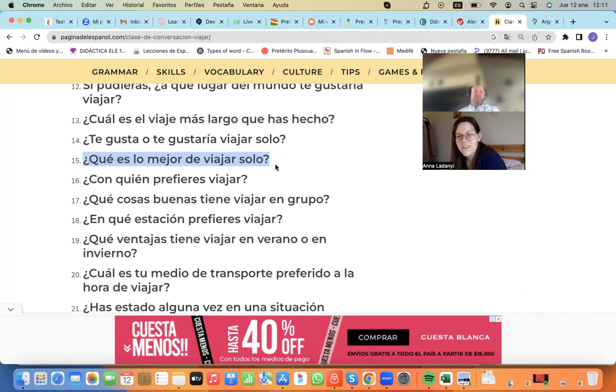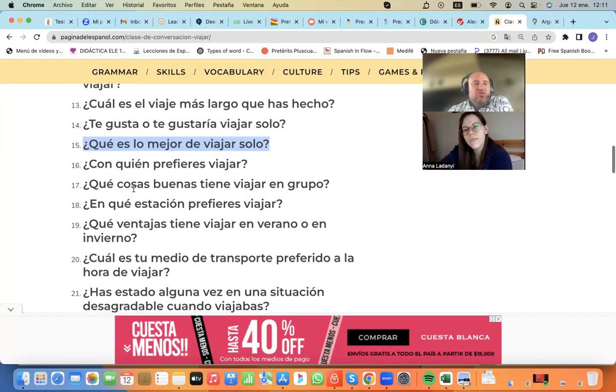Ok, puedes hacer cualquier cosa que quieras. ¿Y qué cosas buenas tiene de viajar en grupo? Traveling in group. What do you prefer, traveling alone or with a group?